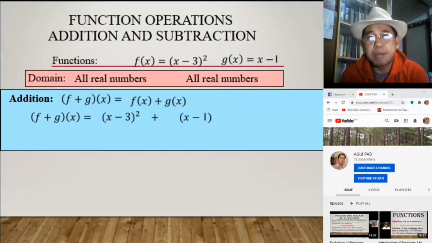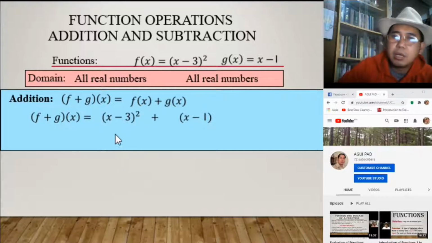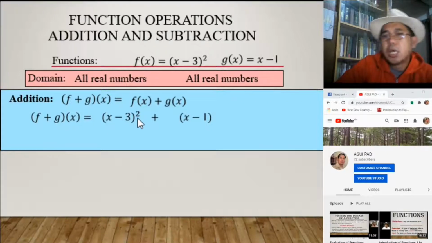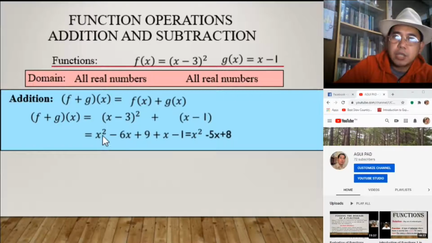You expand. So how do you expand? Let's try the shortcut of expanding. So x raised to the second power, so we have x raised to 2.